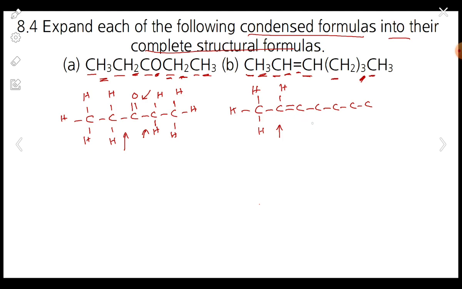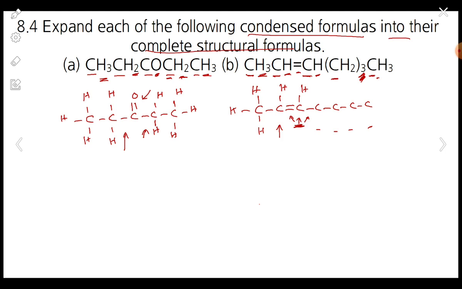Now can you tell me how many atoms will be placed on this carbon atom? We already have a double bond here, we already have a single bond here, so how many hydrogen atoms are possible? Only one, right? So that's why they give only one hydrogen atom. Then CH2 thrice. So I have 1, 2, 3, and the last one is on the right side.